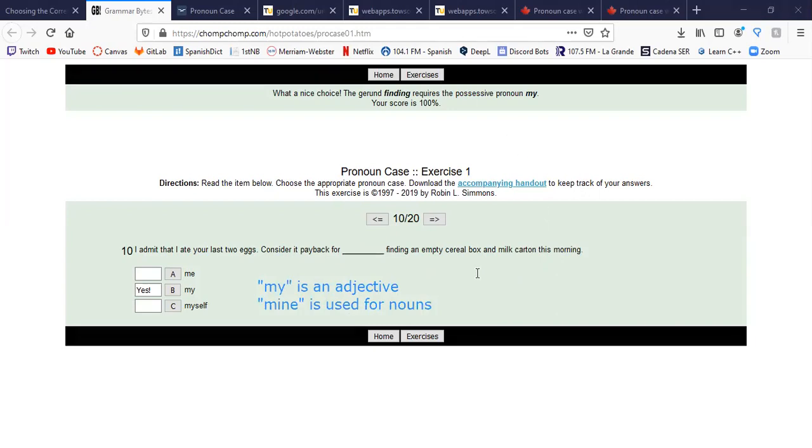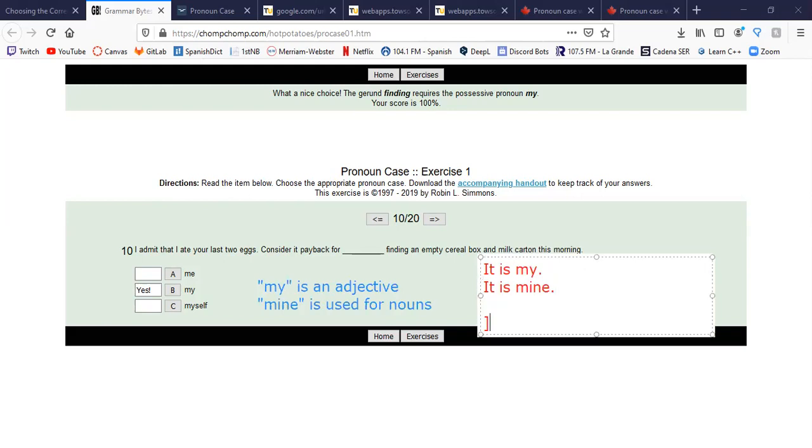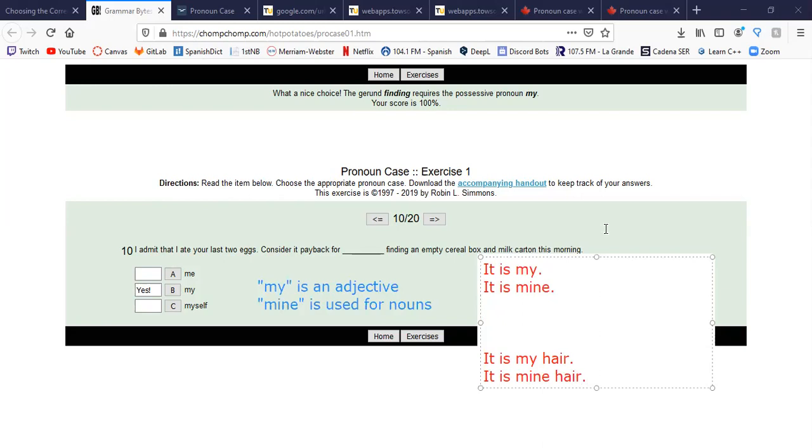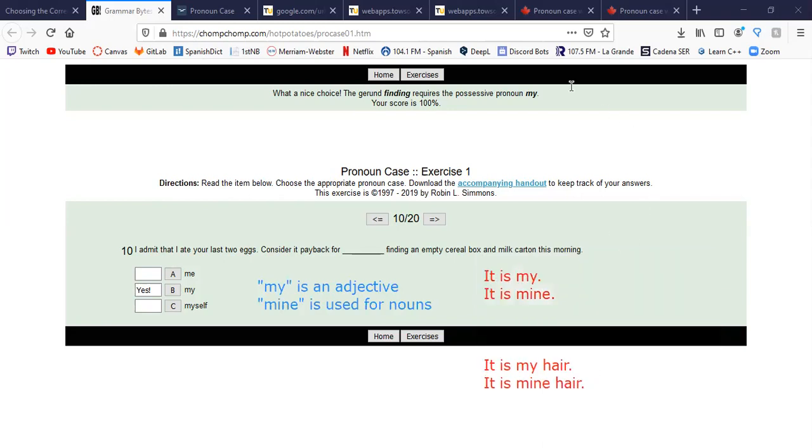So let me provide a quick example. It is my versus it is mine. And then you have, okay, so this is not correct. You can't use my like that. It has to be it is mine, because here mine is functioning as a replacement for a noun.